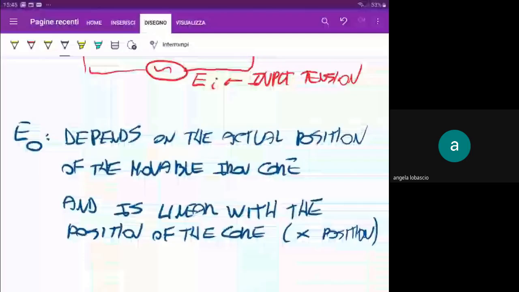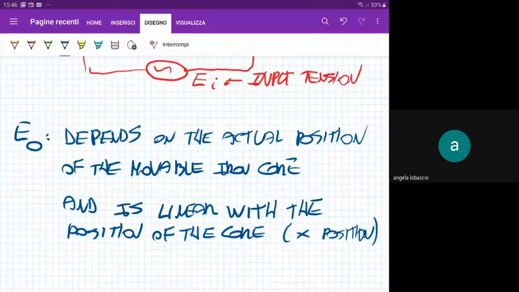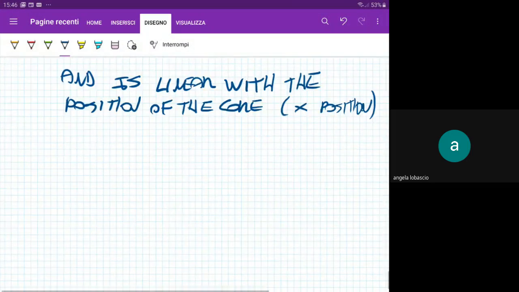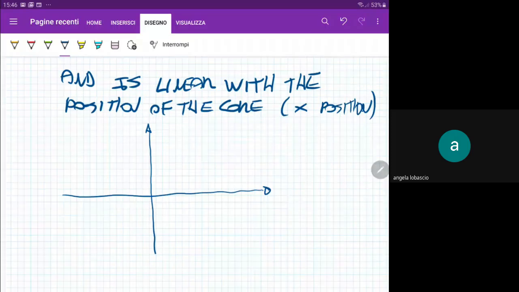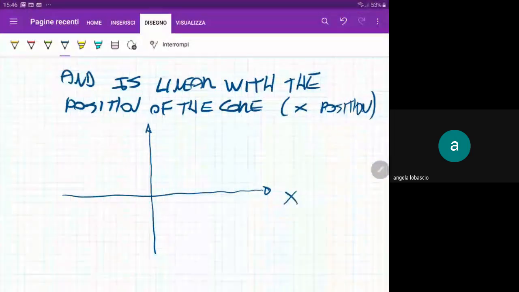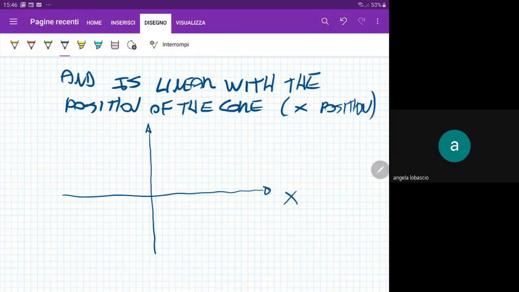If we plot the dependency of the output tension with respect to the unknown position, I made this picture in which the x-axis is the unknown position, x, in a given reference frame, and we have E0, the output tension.